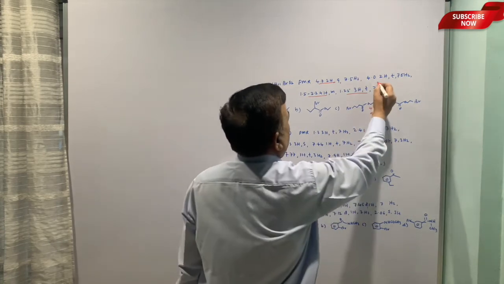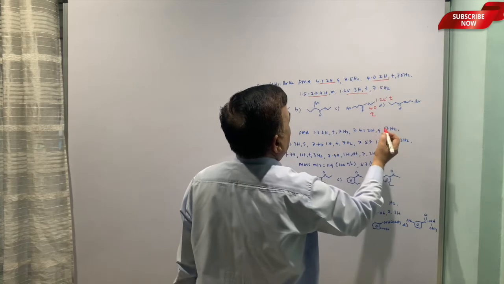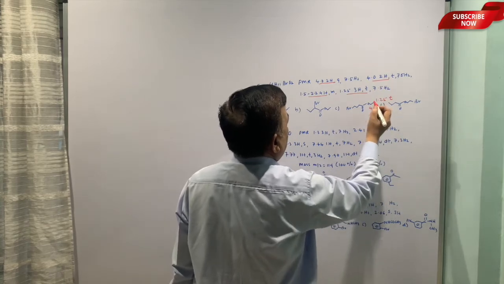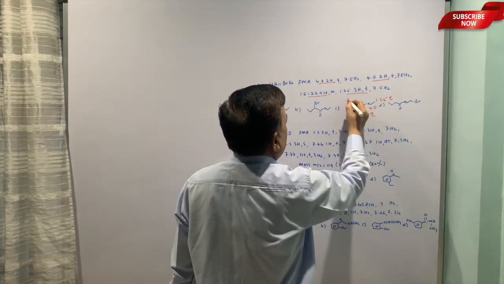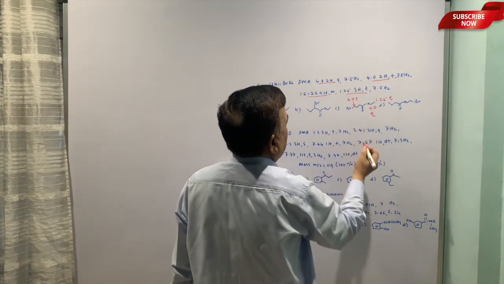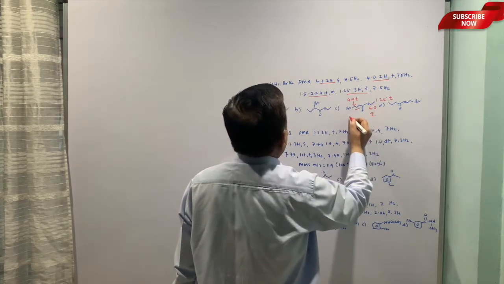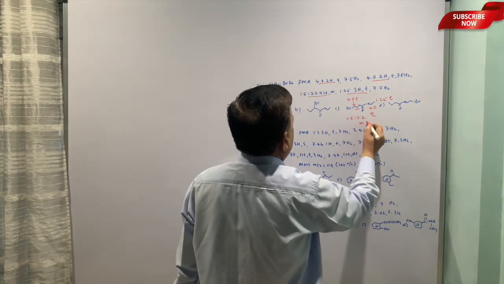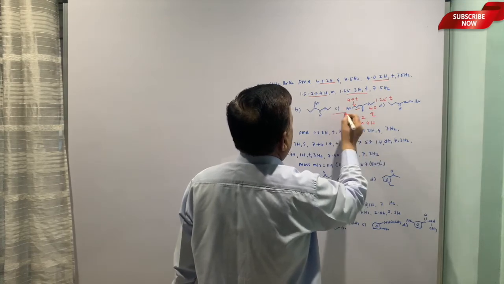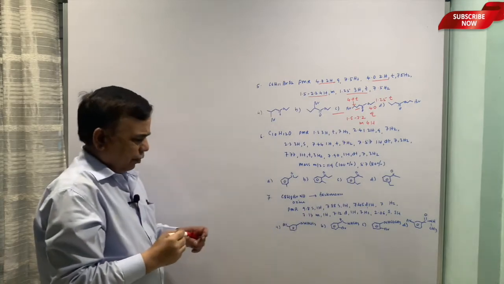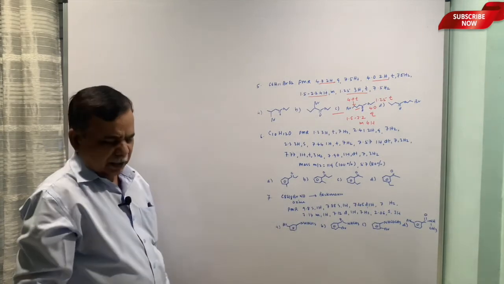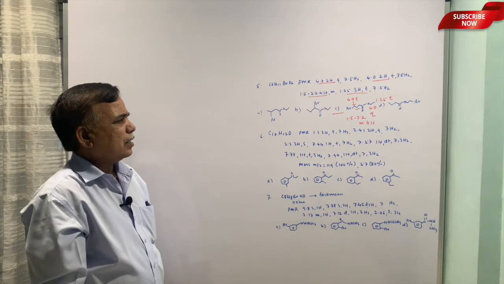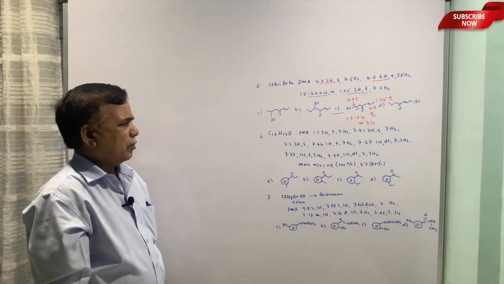Now the 4 delta 2 proton triplet. Now this is that 4 delta triplet. Okay, and these 4 protons, that is the 1.5 to 2.2 multiplet for 4 protons, that is there. So structure C is correct. The remaining examples cannot comply with the multiplicity, which is evidence from proton NMR spectroscopy.